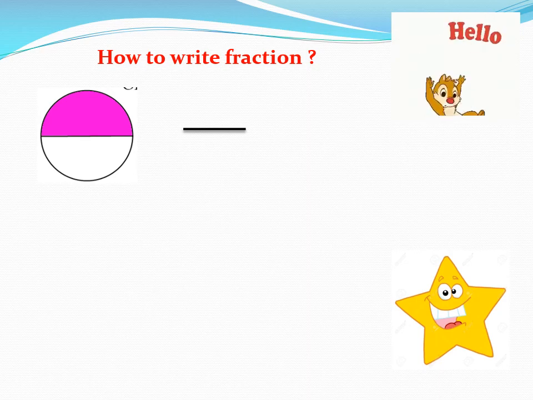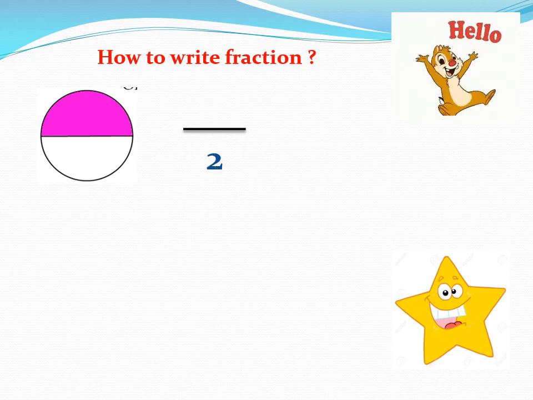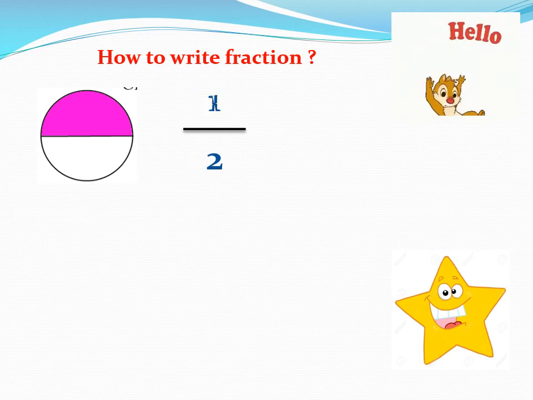Here I have 1, 2. I have 2 parts. So I will write 2 under the line. And the number above the line will be the number of shaded parts. Here I have 1 shaded part, so I will write 1. So our fraction will be 1/2.